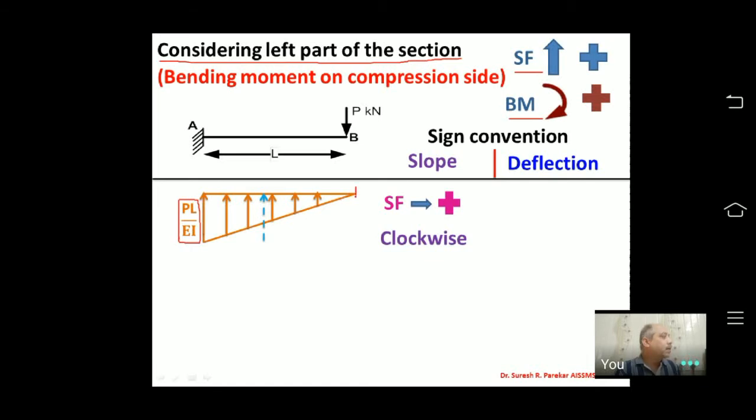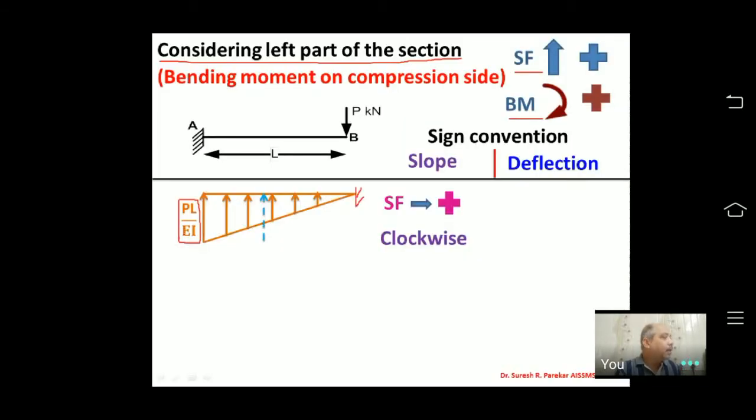I have the fixed support over here and do not have any reaction at the other end, and therefore the shear force anywhere is positive. Then what about deflection? Bending moment at any point is also clockwise. So the deflection is in the downward direction.